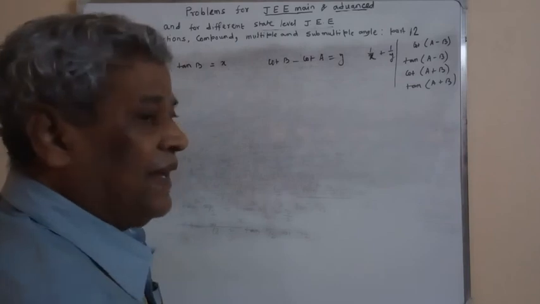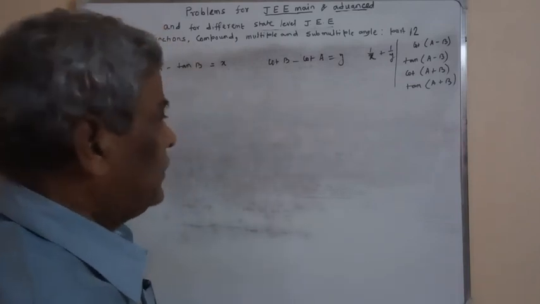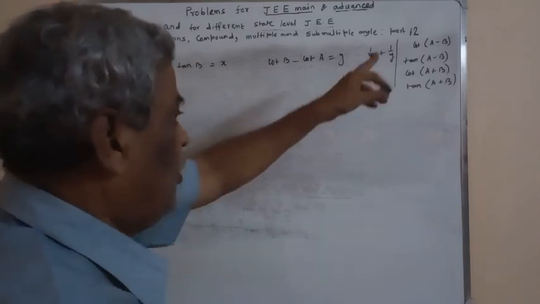We have to find the value of 1 by x plus 1 by y in terms of A, B, tan, cot, etc. options.